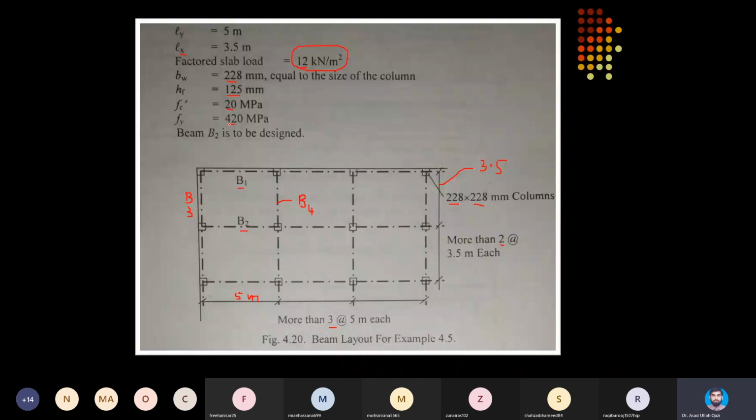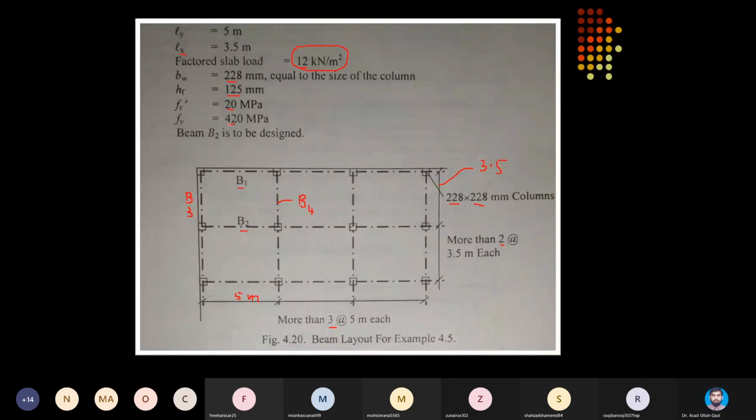So in academic problems, just practice problems for students, in a question you are given all this kind of data: the slab thickness, column size, selected material strengths, and then finally estimation of the ultimate load on the slab.